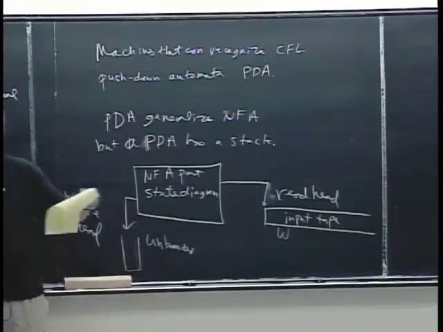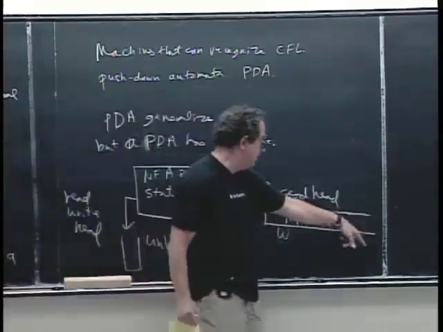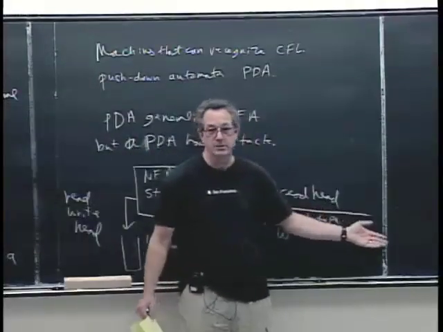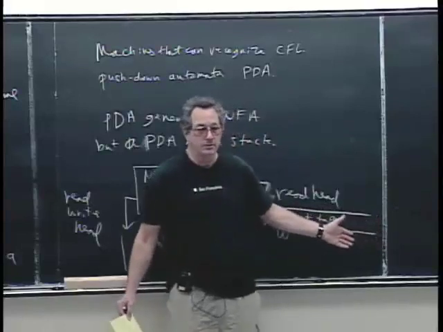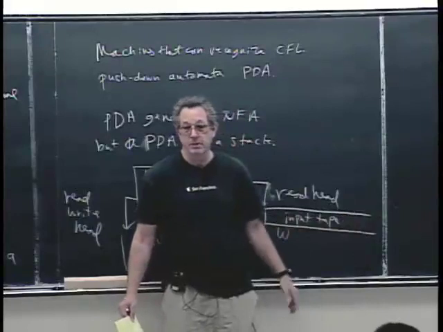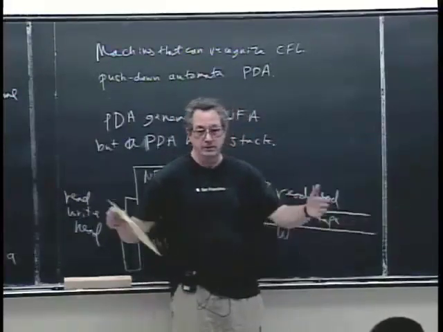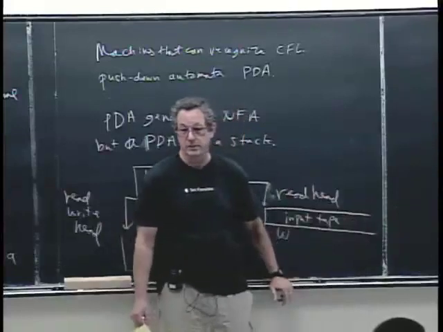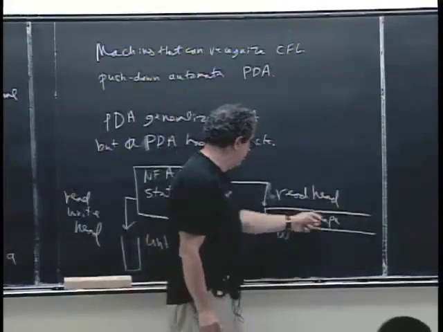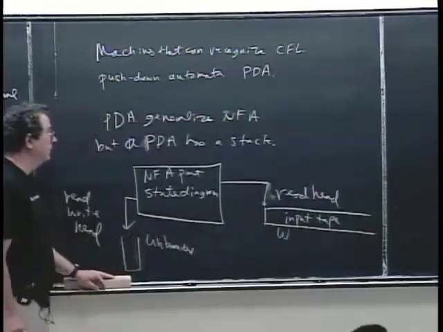So if you're looking at longer and longer input strings, and you notice I didn't put an end here, there's no bound on the size of the input string either in general. There are some languages that only have finite strings in them. But most languages have an infinite number of strings, and it means they've got to get longer and longer because the alphabet is finite size. So this is unbounded, and we allow the stack to be of unbounded size too.